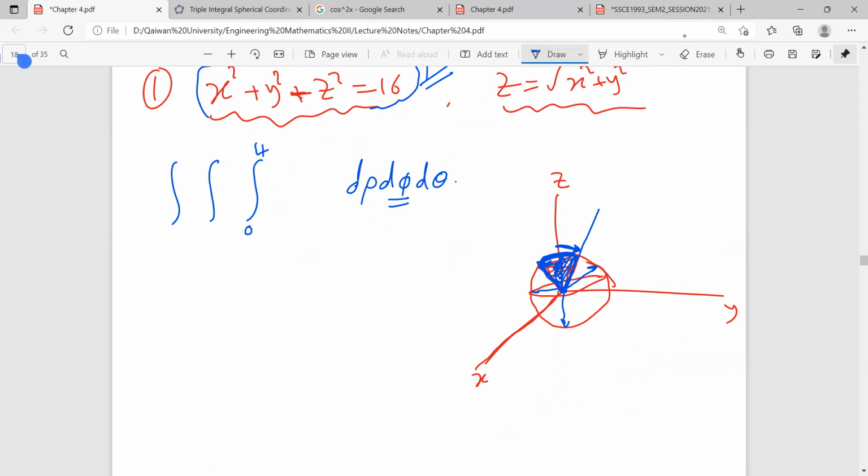This angle is exactly between y and z, and from here to here is pi over 2. That means from here to here is pi over 4. If we count from Z, at Z the angle is 0, and up to here it's pi over 4. That means phi is from 0 to pi over 4.